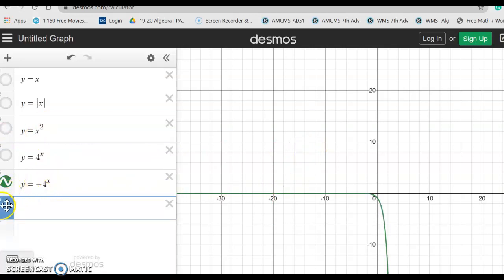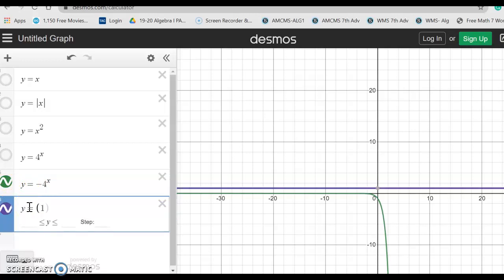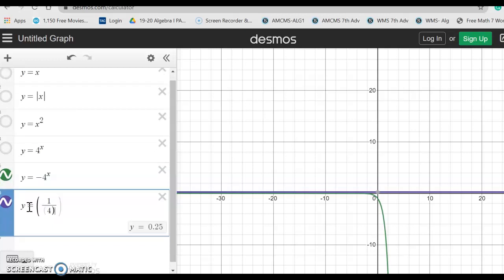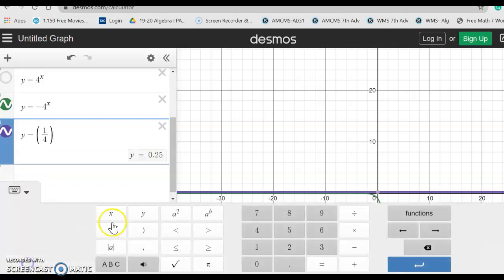The other type is y equals 1/4 to the x. Having a hard time typing.